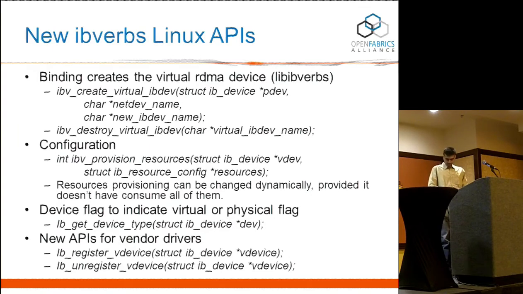Coming to the APIs, we have a very simple set of APIs for now. How these virtual devices for the containers are created is through a simple set of verbs to create a virtual device, where we say, this is my physical device, create one virtual device for me, bound to this netdev. So at a given time, a virtual device is bound to only one netdev. And you can destroy those. There is always a unique name for every virtual IB device that we create.